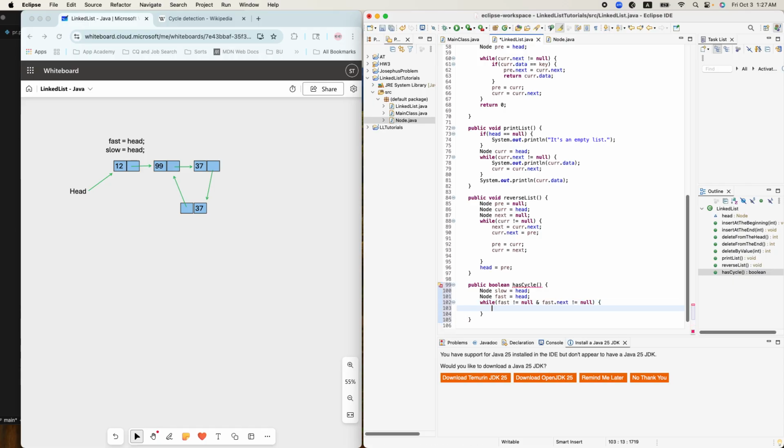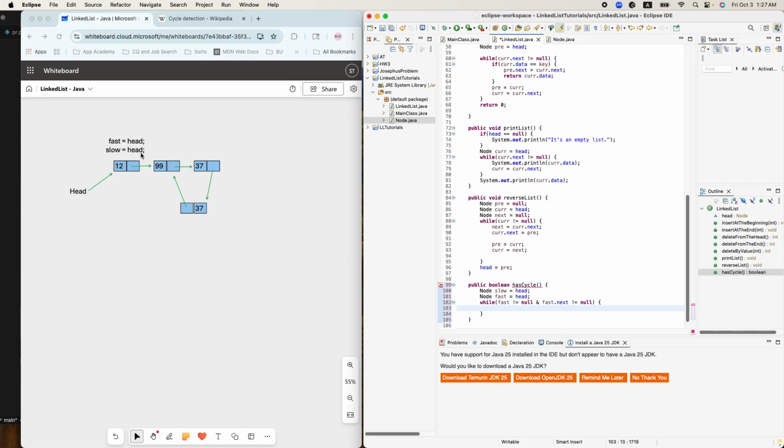If one of them is null, either the fast or fast.next, that means there is an ending node and there is no cycle. So we say that as far as this condition meets, we have to continue our checking, our process, our analysis.